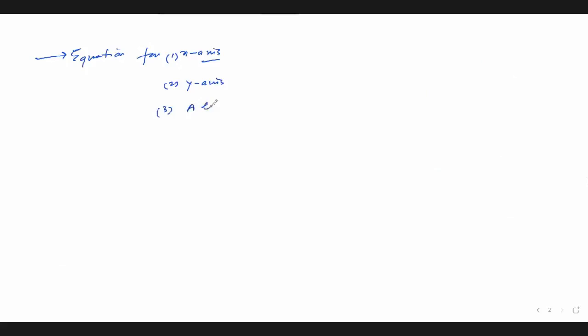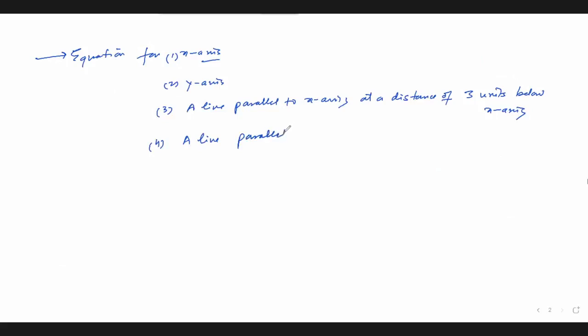Third, a line parallel to the x-axis at a distance of 3 units below the x-axis. And one more, a line parallel to the y-axis at a distance of 5 units on the left-hand side of it.